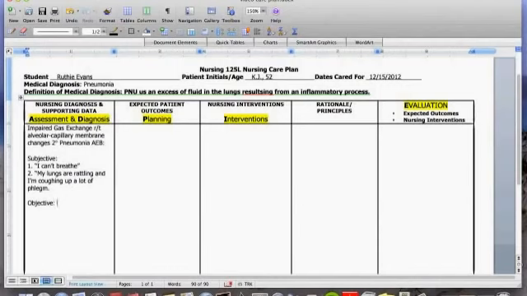So the objective information is stuff the nurse is going to observe firsthand. So I'm looking at my patient, I'm doing my head to toe assessment, and my patient has cyanosis. So her lips are blue, and maybe her face is kind of pale, turning colors. I saw that, so I'm going to say that.